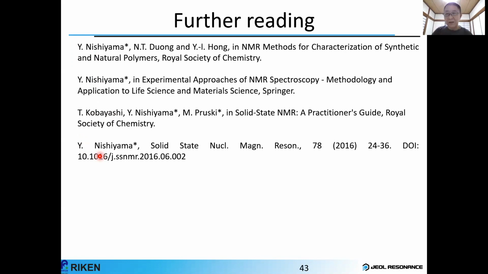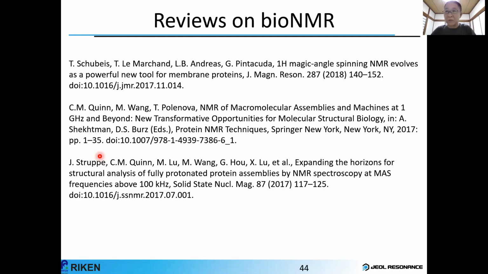What I talked about today is all written in this article. And here I didn't mention anything about biomolecules, but there are a lot of applications of fast MAS experiments on biomolecules. So here are several reviews of biomolecule experiments. Okay, thank you.